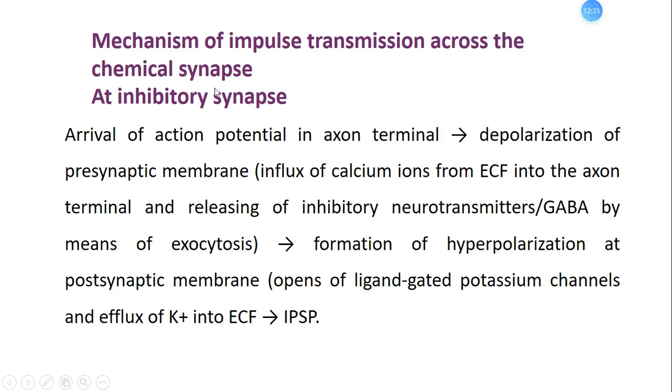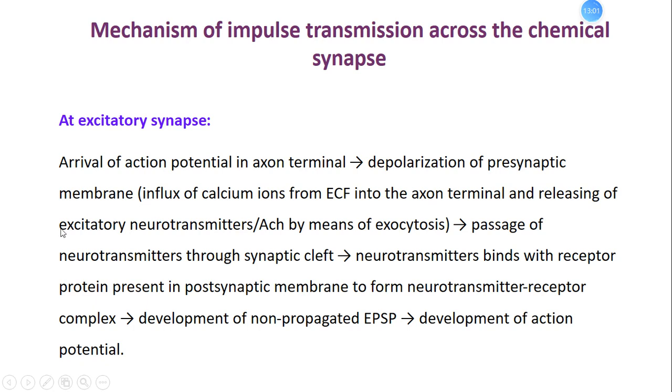And again, we said we have excitatory and inhibitory synapses. This is how it is inhibited. The same action potential arrives at the axon terminal and it will be depolarized, same as in the excitatory synapse, but here it will release inhibitory neurotransmitters, whereas there it released excitatory neurotransmitters.